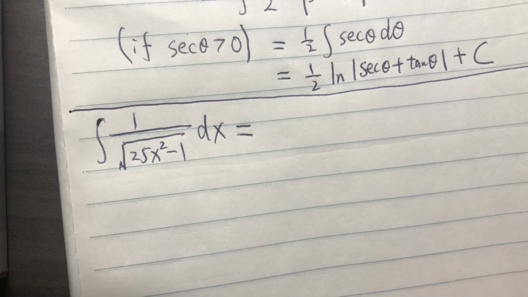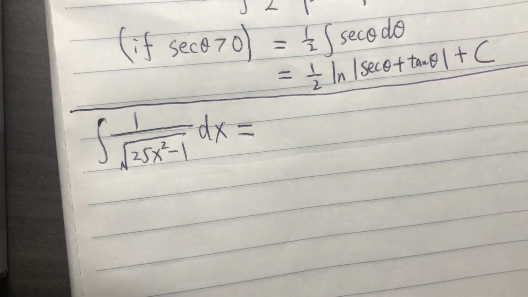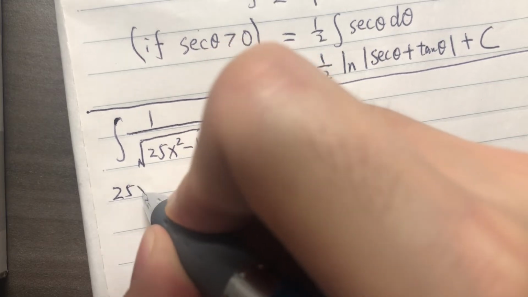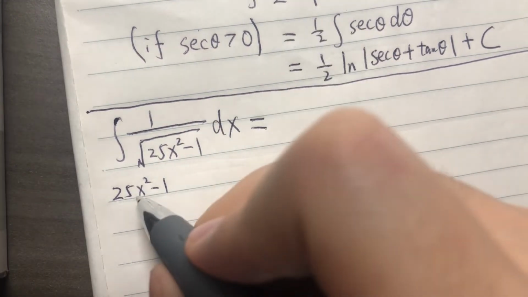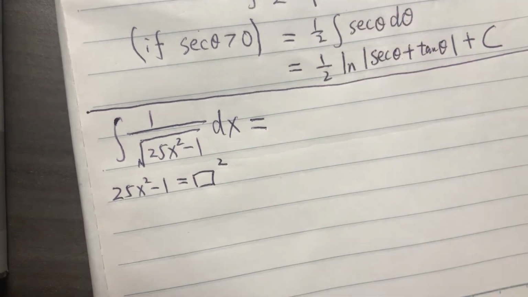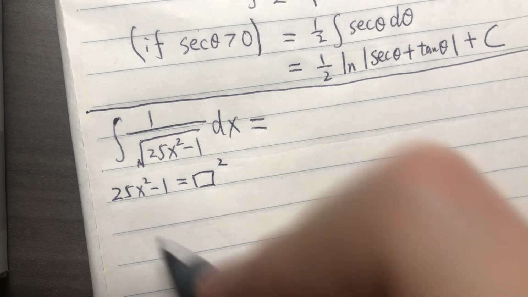Okay, this one. The integral of 1 over the square root of 25x squared minus 1 dx. This is something squared minus 1. So the idea is, we want to write this 25x squared as something squared. What identity should we use?